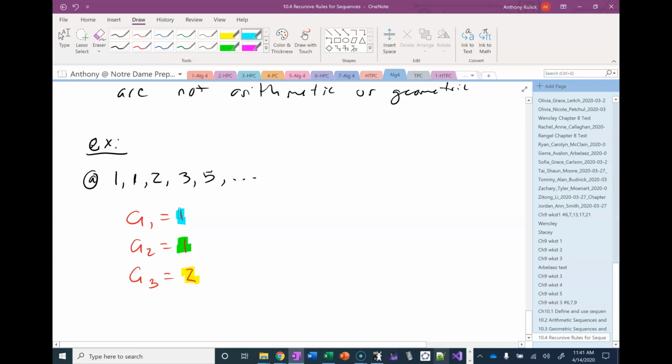Well, 2 is equal to 1 plus 1. Interesting. Let's keep on going. The fourth term is 3. Notice that 3 is equal to the third term plus the second term. So let's write it this way.